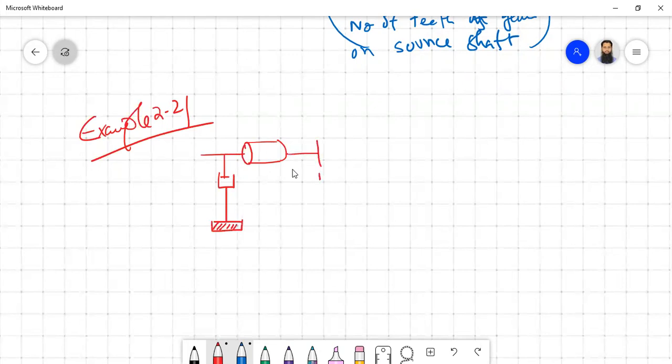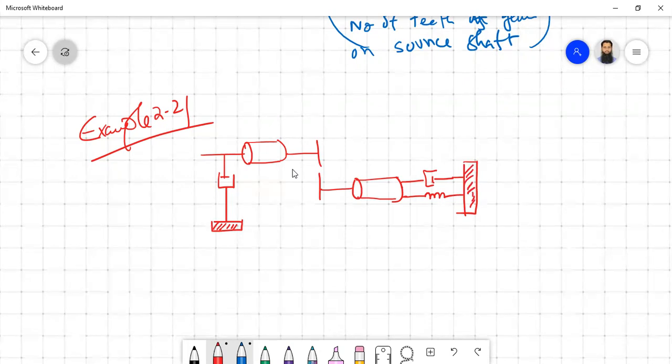Then you have a gear here, then you have another one, another inertia, J2. Then you have the springs, then you have the reference.